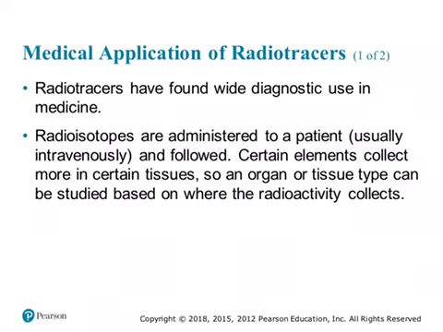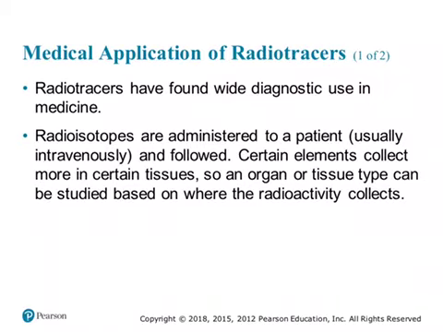Others are done IV. So sometimes a woman might have a problem with her fallopian tubes. They can inject a dye into the fallopian tube and watch the dye travel through the tube to see if she might have a blockage or something going on in her tube, especially if she's experiencing infertility problems.